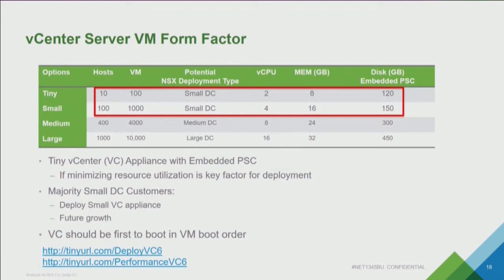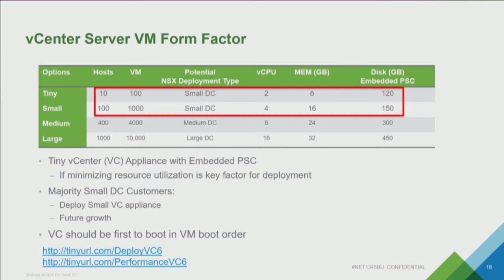Okay, so what about the virtual machine form factors? vCenter comes in different form factors: tiny, small, and medium. Based on the form factor, we support a number of hosts and virtual machines. For example, tiny will give you 10 hosts in your deployment. Tiny with embedded PSC is good enough for an NSX deployment.